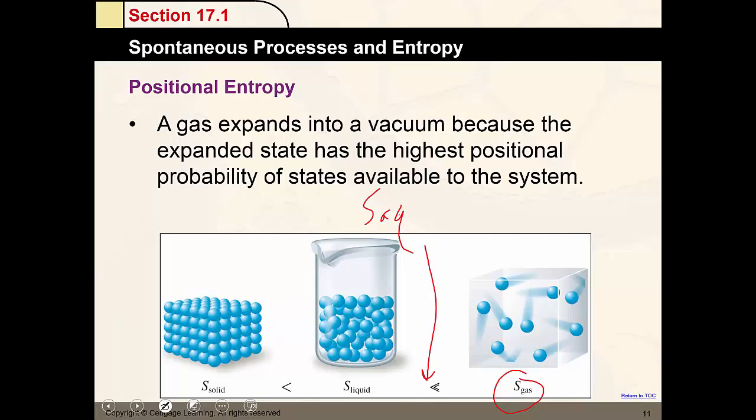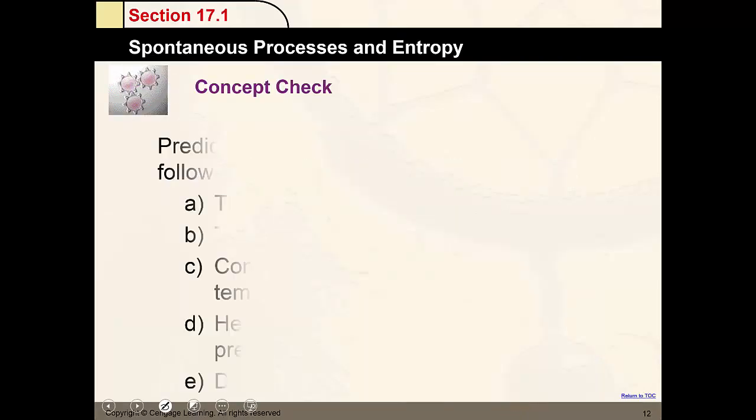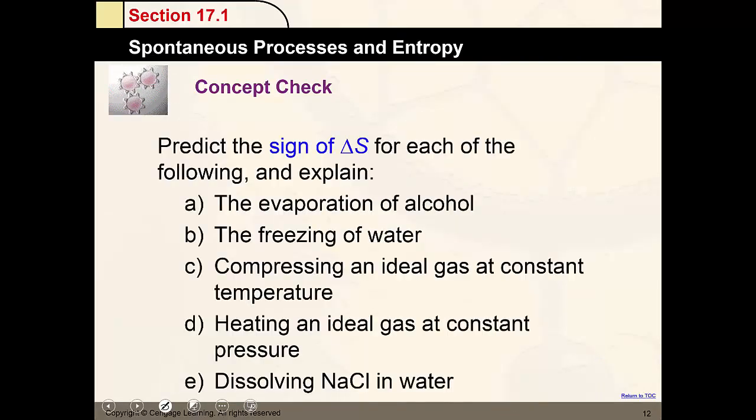Okay, so for example, if we're looking at some reactions, so the evaporation of alcohol, so evaporation meaning it's going from a liquid to a gas, that means entropy is increasing. And if entropy increases, that means the change in entropy is positive.